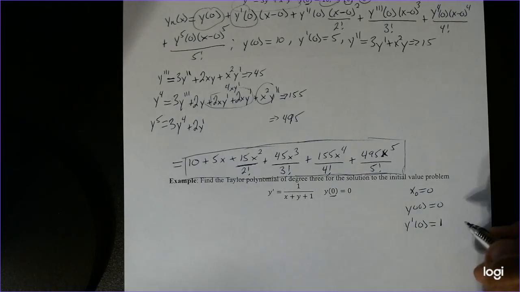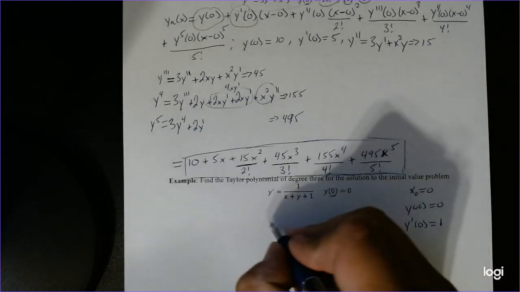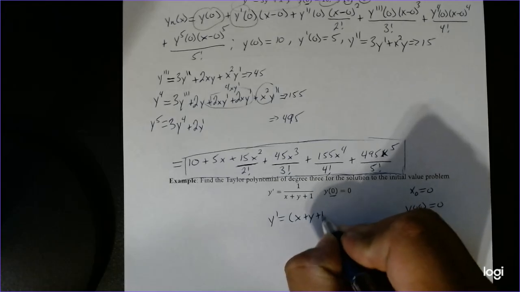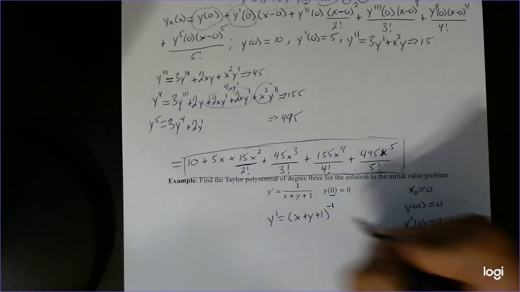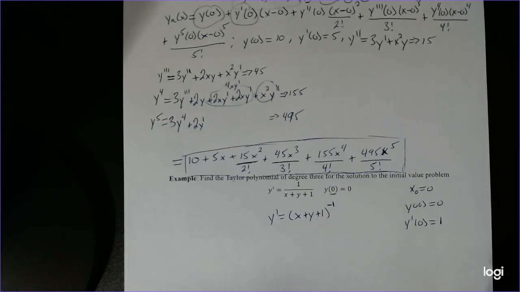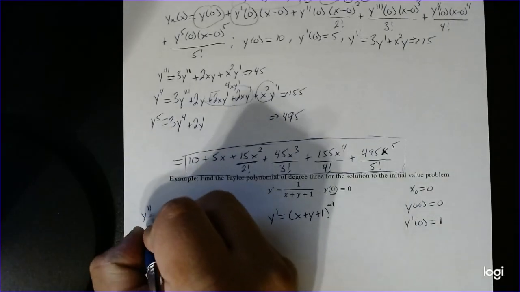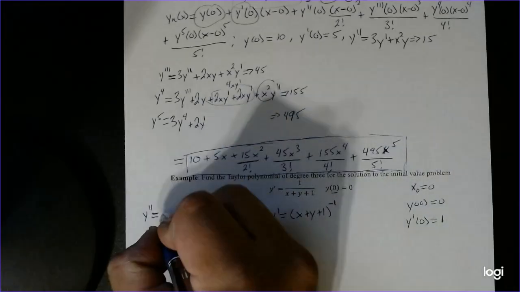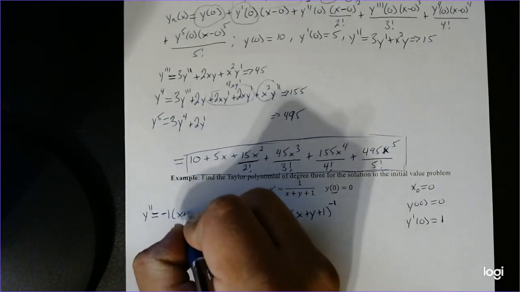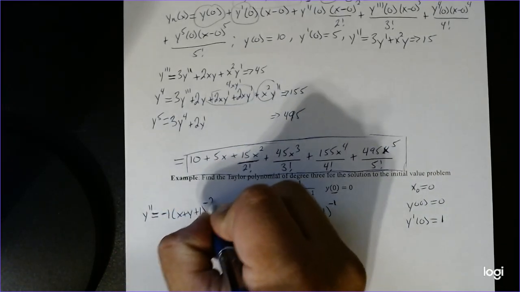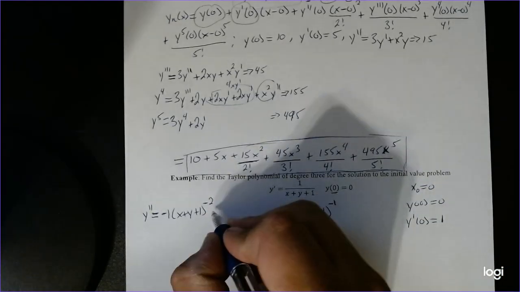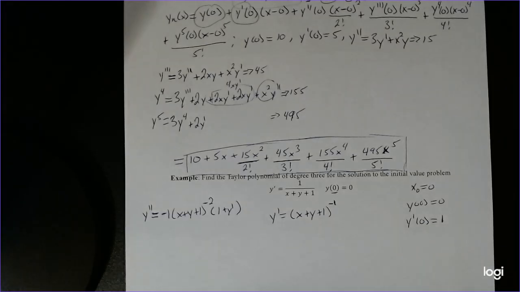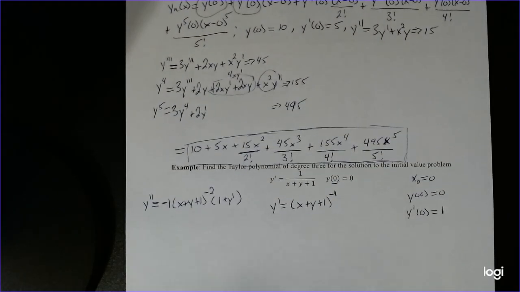Okay, so I'm going to rewrite this to make it a little easier for myself using exponents, because those are the same. Now when I take the derivative, it's the chain rule: derive the outside times the derivative of the inside. That gives us this.